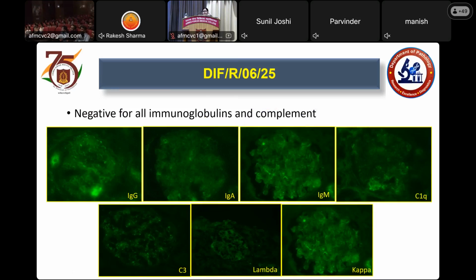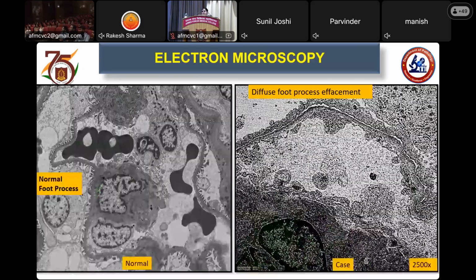On electron microscopy, on the left is a normal capillary loop with normal foot processes, which show penetration into the basement membrane at regular intervals. Here in our index case, there is diffuse foot process effacement, more than 80%.